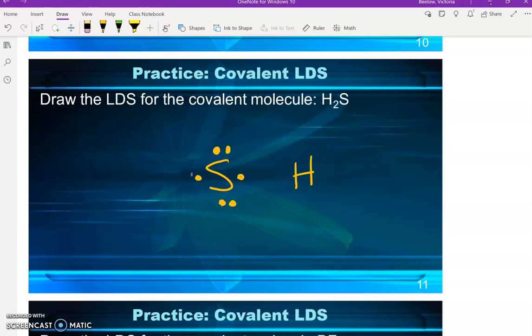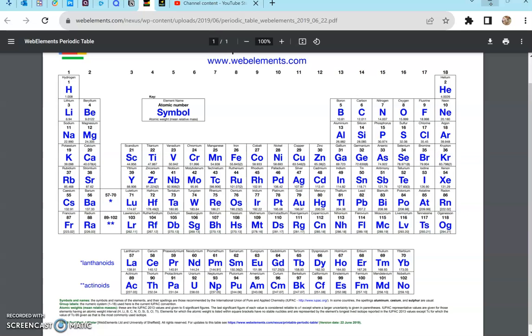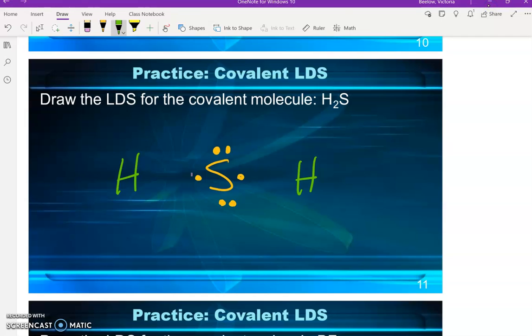I'm actually going to draw the hydrogen in a different color just so that you can see the difference with the elements. Hydrogen is in group 1. It only has 1 valence electron. So I'm going to draw it here so that it's facing the central atom, and I'm going to draw the other one here so it's facing the central atom.